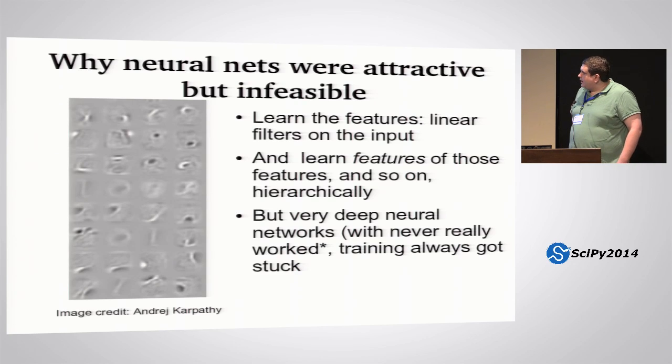They were always a very attractive approach because rather than having the well-paid or underpaid grad student or well-paid consultant sit there and engineer features for you, neural nets seem to be able to learn features very easily. In the diagram, I've shown features, that is to say, linear filters of the input, learned on some handwritten digits by an unsupervised algorithm.